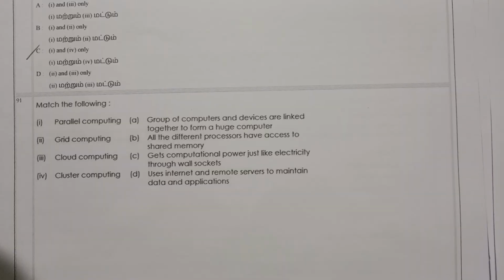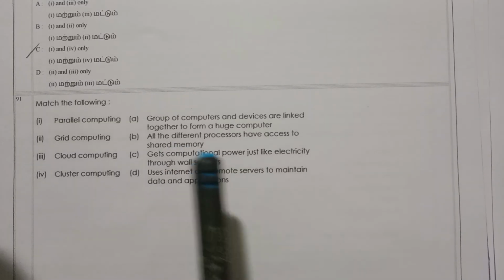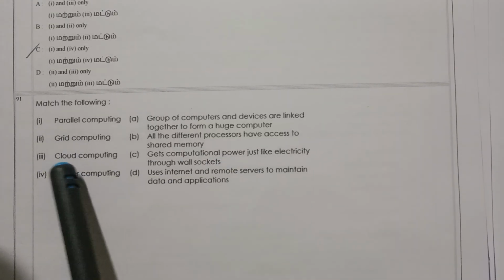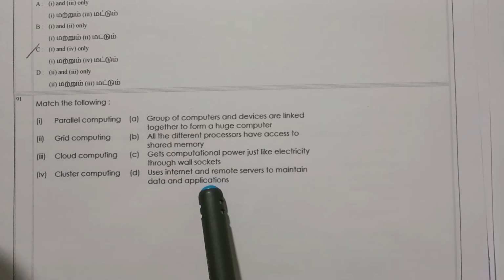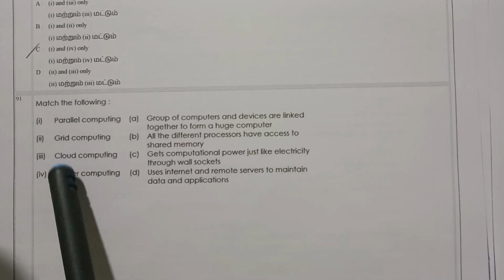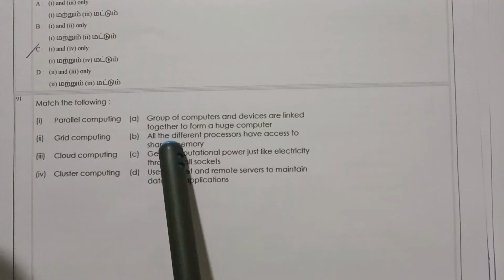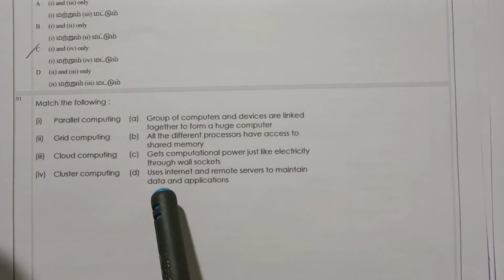Question number 91. Parallel computing means all the different processes have access to shared memory. Cloud computing means using the internet and remote servers to maintain data and applications. Cluster computing means a group of computers and devices linked together to form a huge computer.